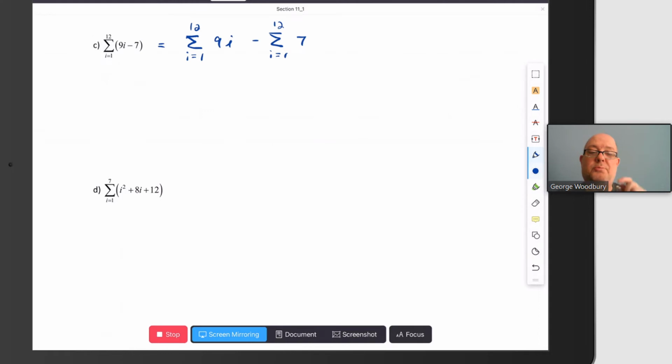You could also think of that as plus negative 7, but that's the sum of a constant, and we had a property for that. I can also pull this 9 out to the front of this sum, and I'm going to scroll back up to the properties to show you the 3 that we're using here.